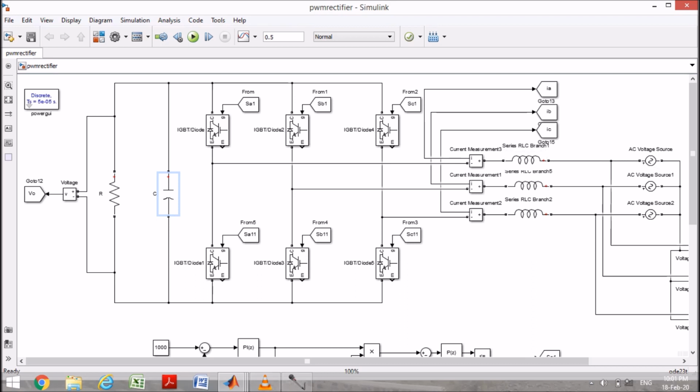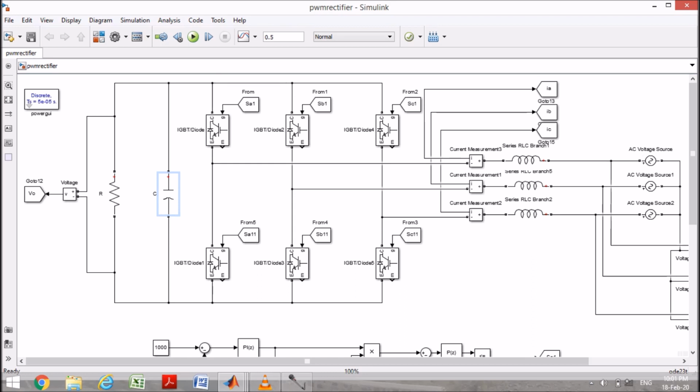The current flowing through this phase and the voltage should be in phase. These are the two objectives we have to fulfill.